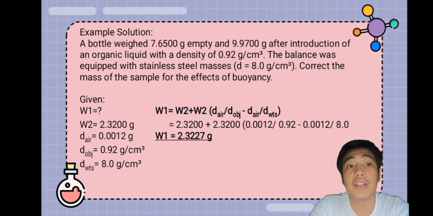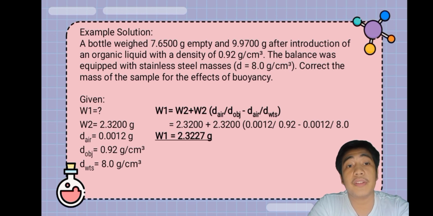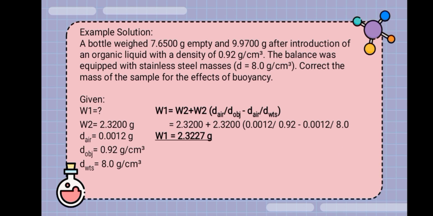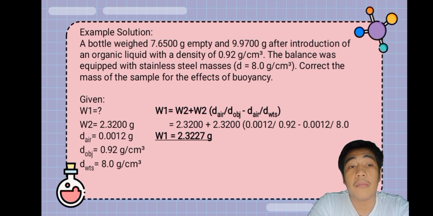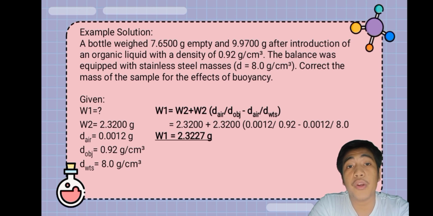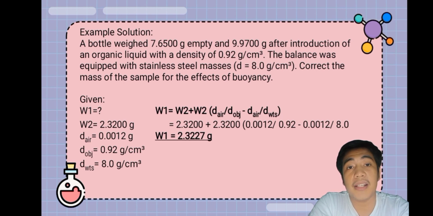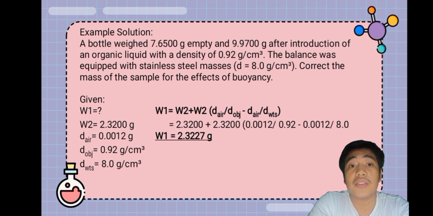After substituting the values, we have 2.3200 plus 2.3200 multiplied by 0.0012 over 0.92 minus 0.0012 over 8.0. And after some algebra, we will have our corrected mass of the object, which is 2.3227 grams.